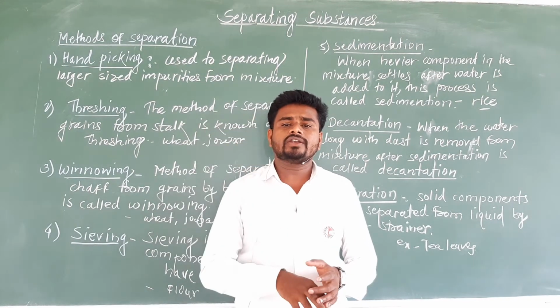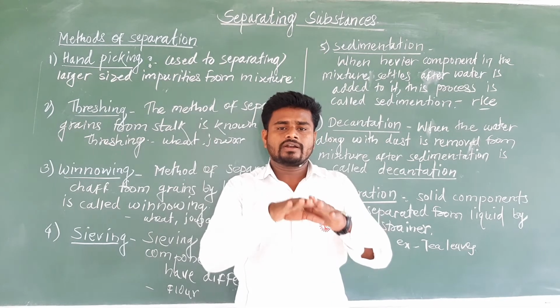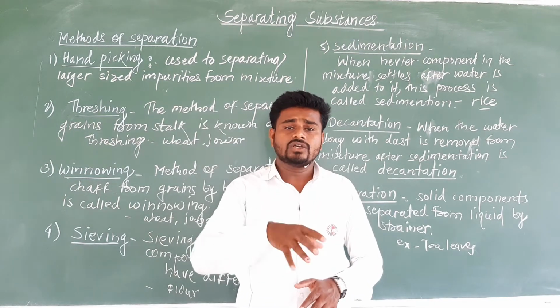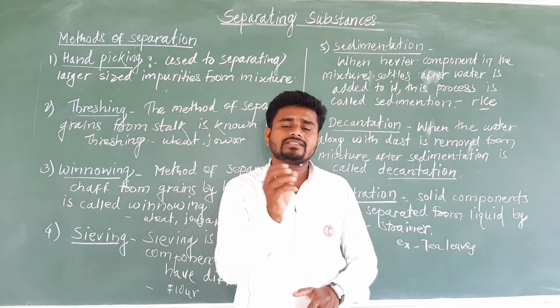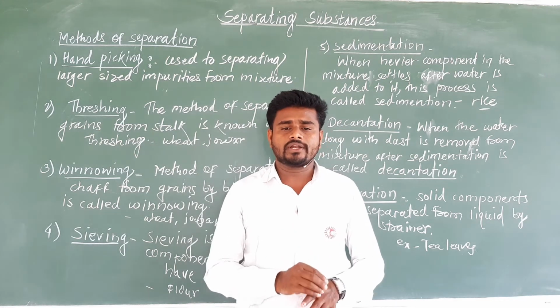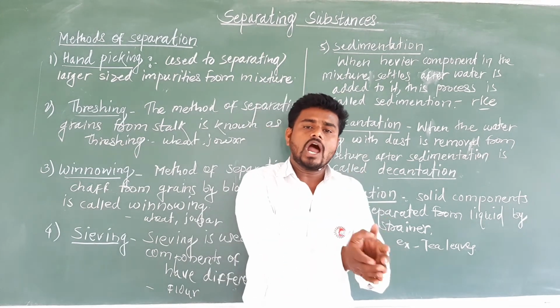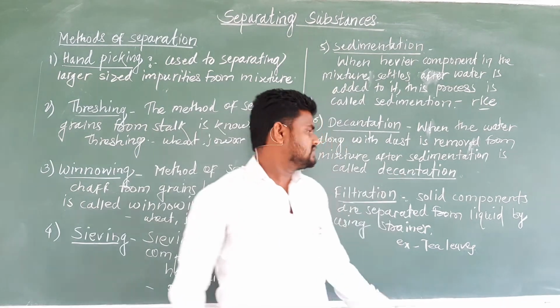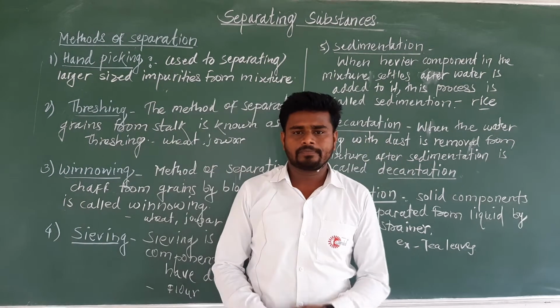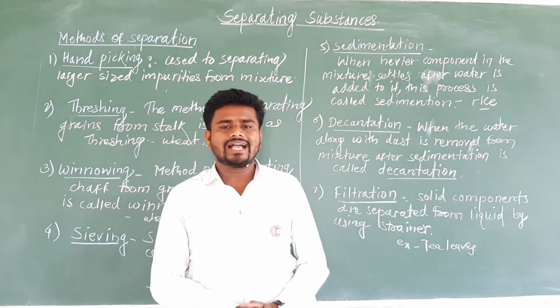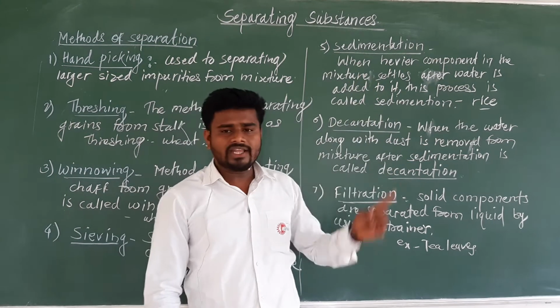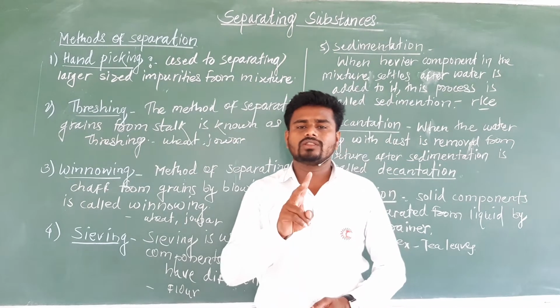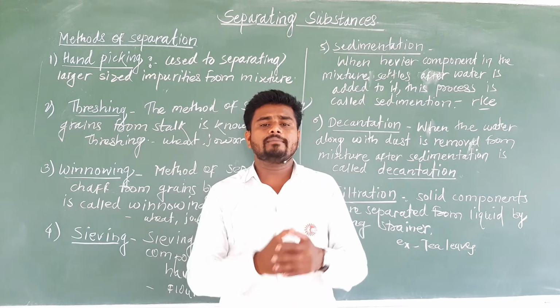We added water into it. Rice is heavier than the dust, so the rice settles down and the dust mixes into the water. Now removing that water along with the dust is called decantation. Sedimentation and decantation are both methods used simultaneously.